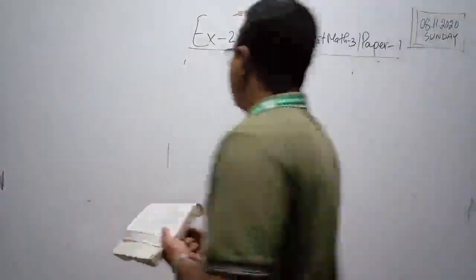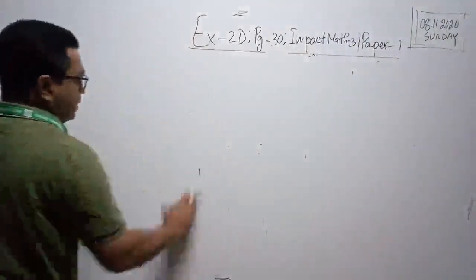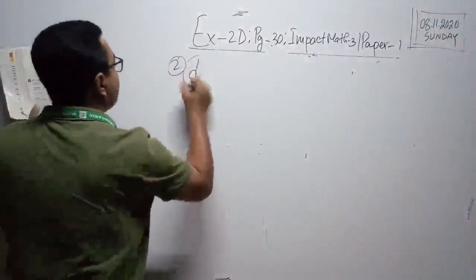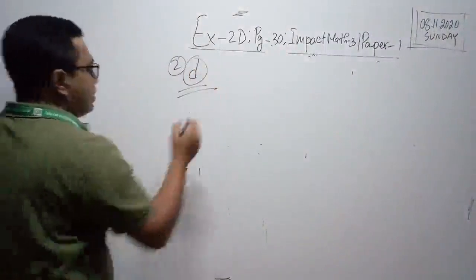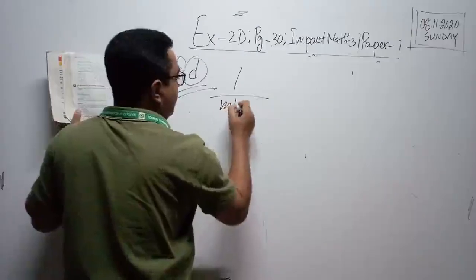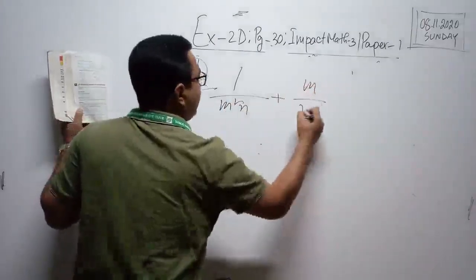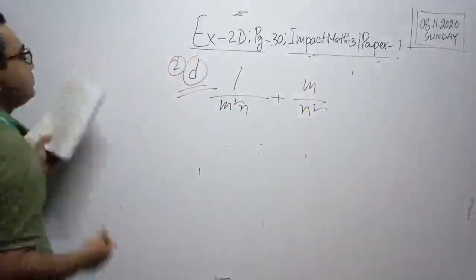To make our concept clear, let us solve a few more maths. 2d: 1 by m square n plus m by n square.